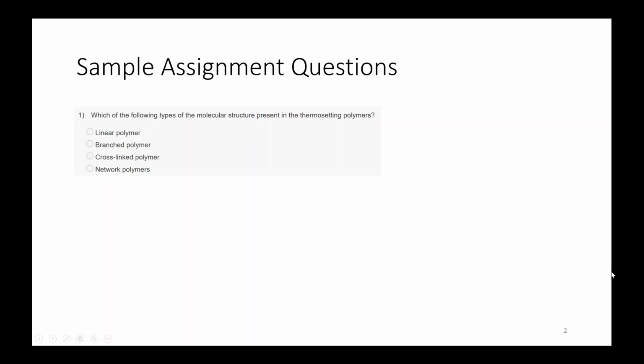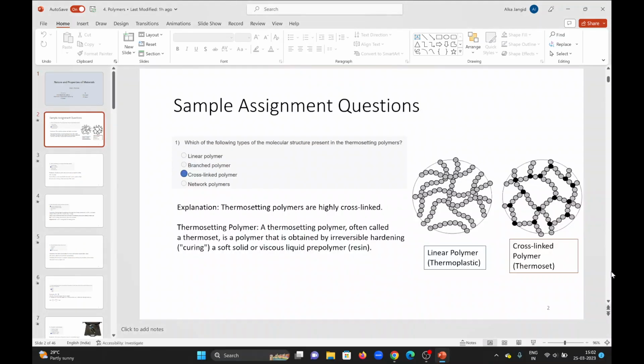So the first question is, which of the following types of molecular structure is present in thermosetting polymers? The options are linear polymer, branched polymer, cross-linked polymer, or network polymer.